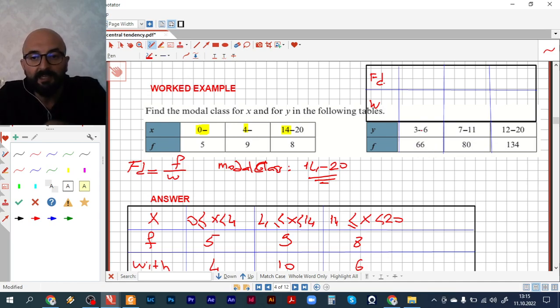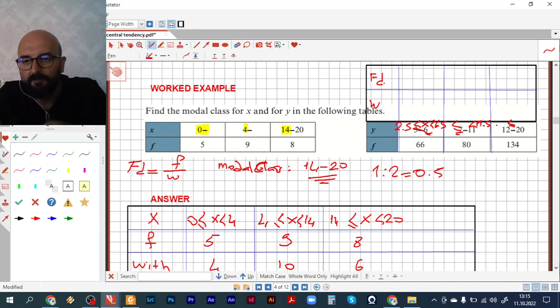We need to make continuous data. The difference between the lower boundary and the previous upper boundary is 1, and 1 divided by 2 is 0.5, so we should use 2.5 and 6.5, 6.5 and 11.5, and 11.5 and 20.5.